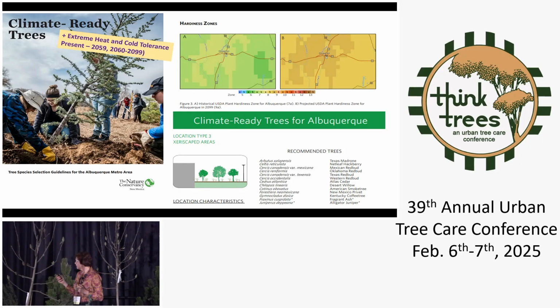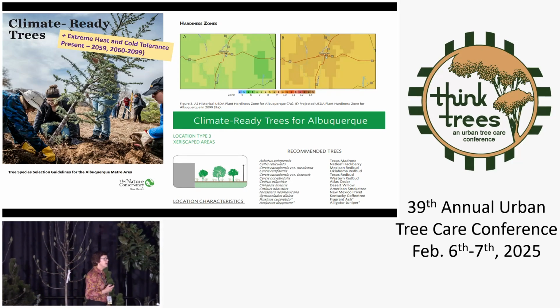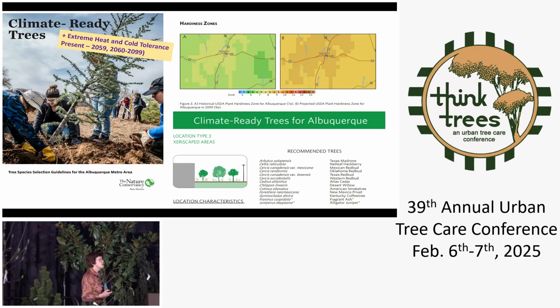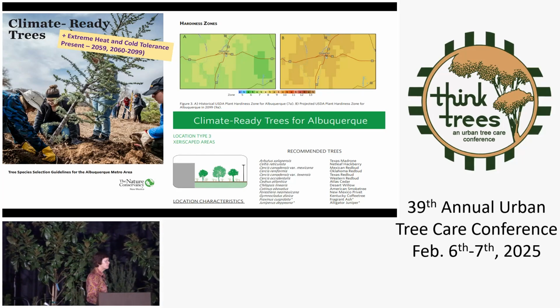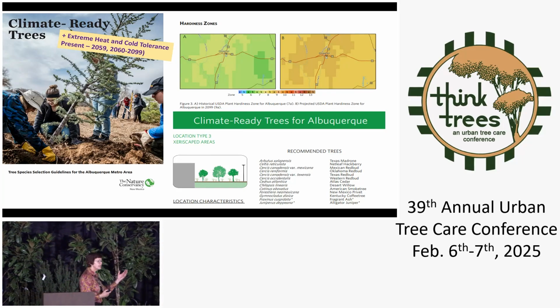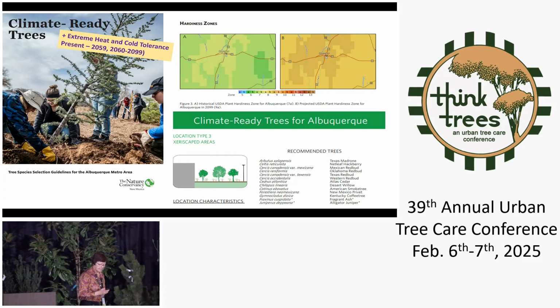But you can see recommended trees for a xeriscaped area. You have quite a choice at this point. Again, we don't know if we have 3 heat waves in one summer, if these trees will be able to withstand it.